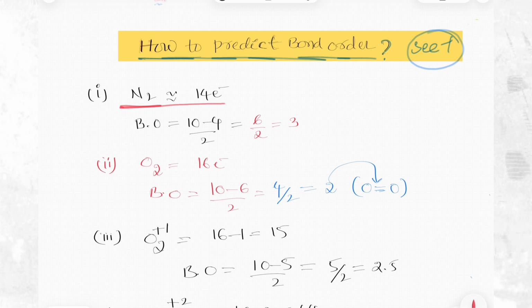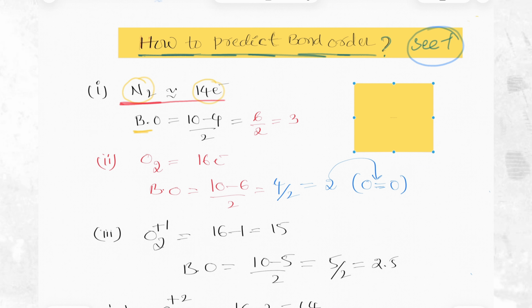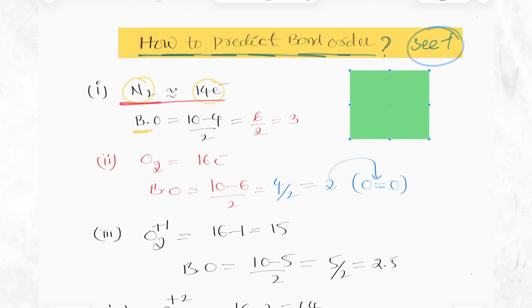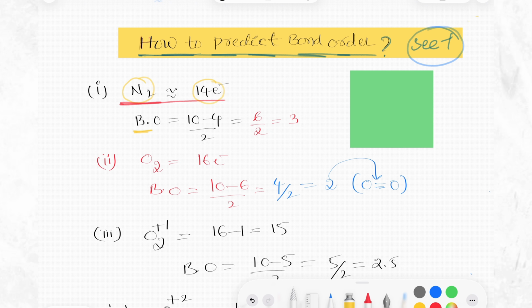How? Nitrogen contains a total number of electrons. Tell me how many electrons are there? Nitrogen has 14, so 14 electrons are there. So the bond order is equal to 14. We can write it like this. I am explaining how to write 14 here. All of you concentrate, this is a very important concept.